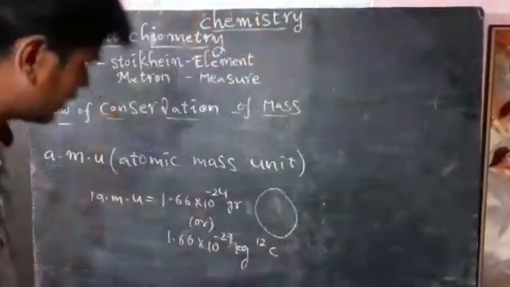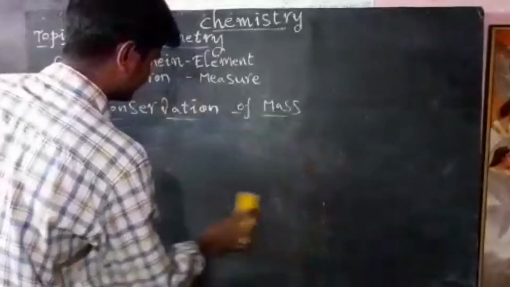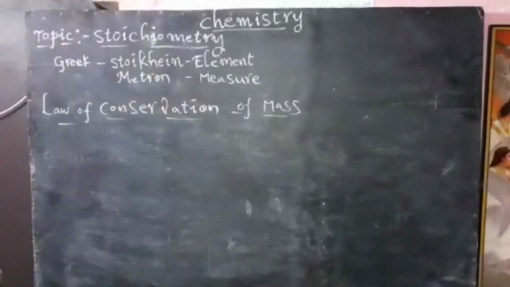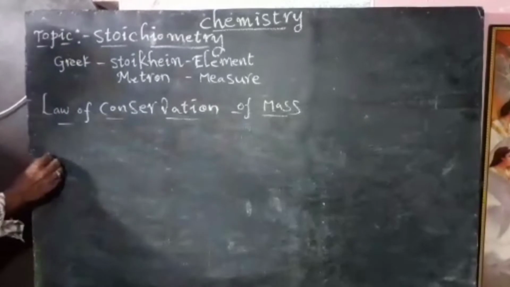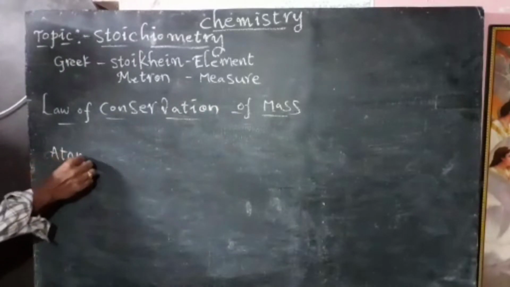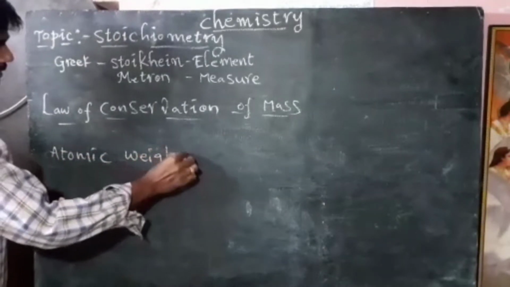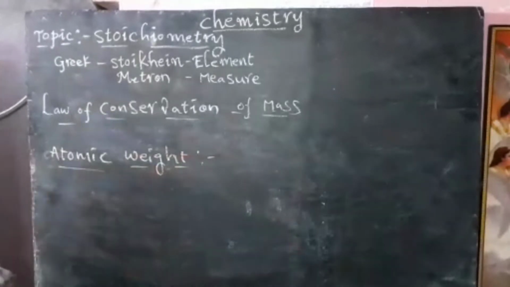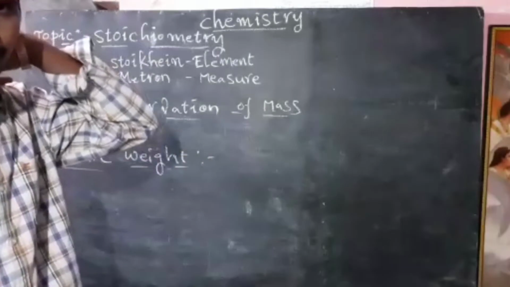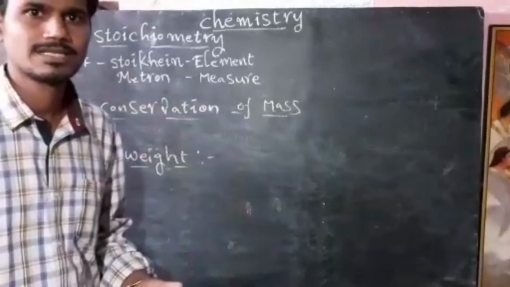Next we are going to discuss atomic weight. These are small terms which are very important and useful to understand chemistry. What is atomic weight? Atomic weight is the weight of one atom, or the number of times an atom of an element is heavier than 1/12 the mass of a C12 atom.